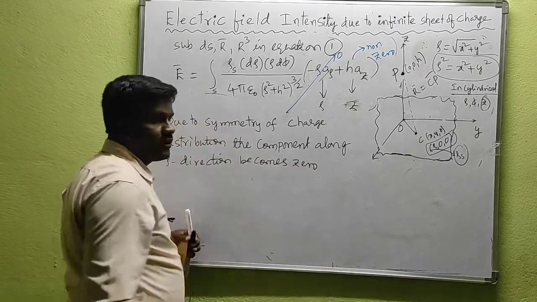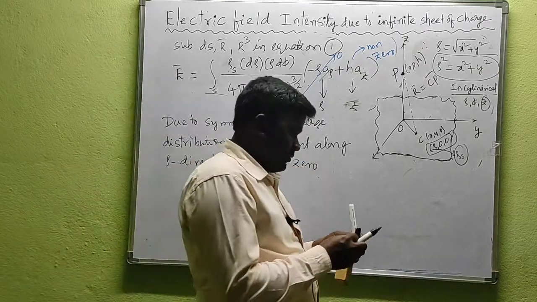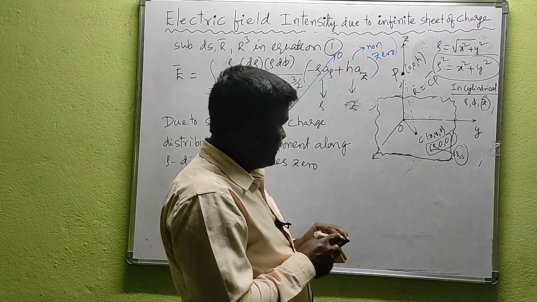Why does the component along the rho direction become 0? If you see clearly, what about this one?